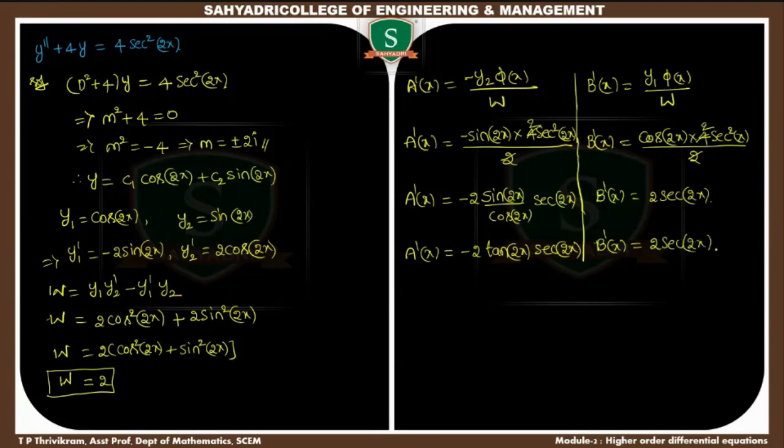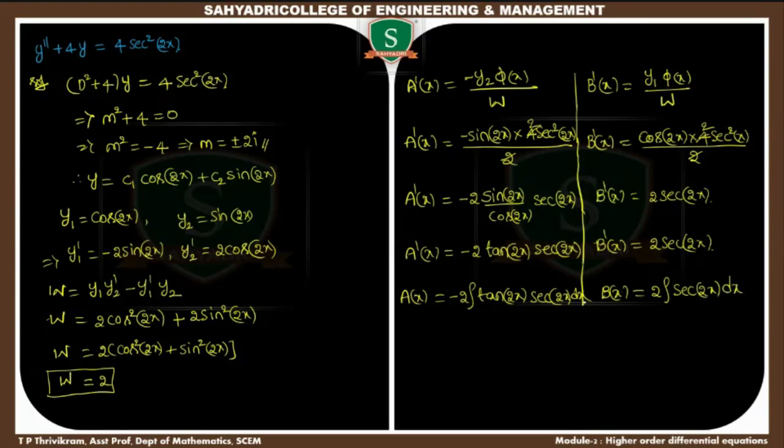Now we know the integration for all these terms. So we can write a of x is equal to minus 2 integral tan 2x into secant 2x dx. Similarly, b of x is equal to 2 into integral secant 2x dx.